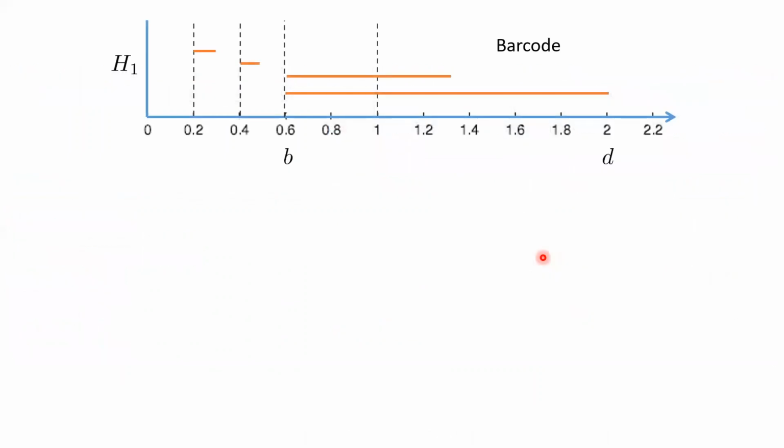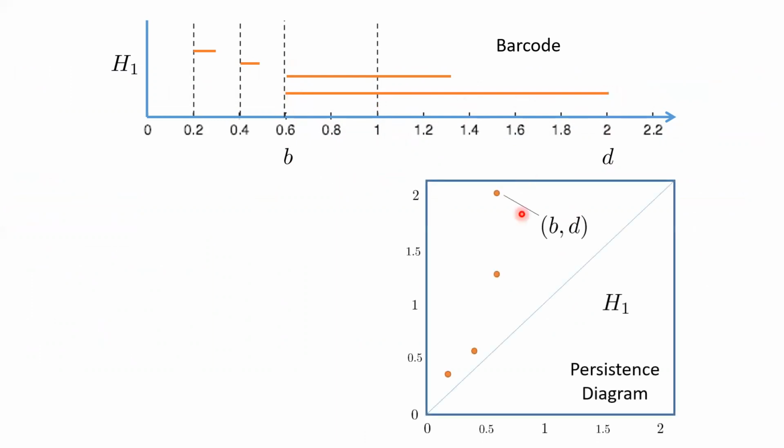Now, going back to this representation of persistent homology as barcodes, right? So we have all these bars that start at some point, let's say B, and end at some point, let's say D. Notice that each bar can be replaced by a point with coordinates B, D. So there are these two pictures of persistent homology.